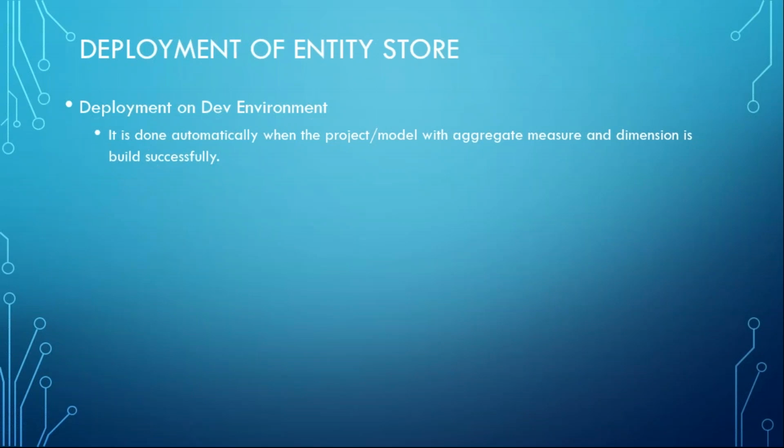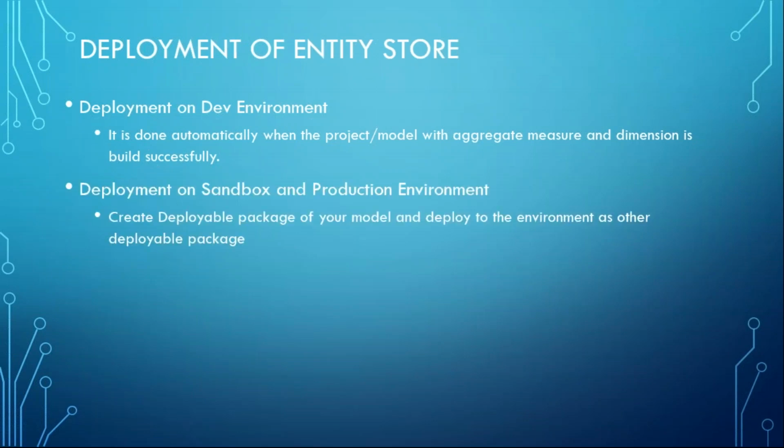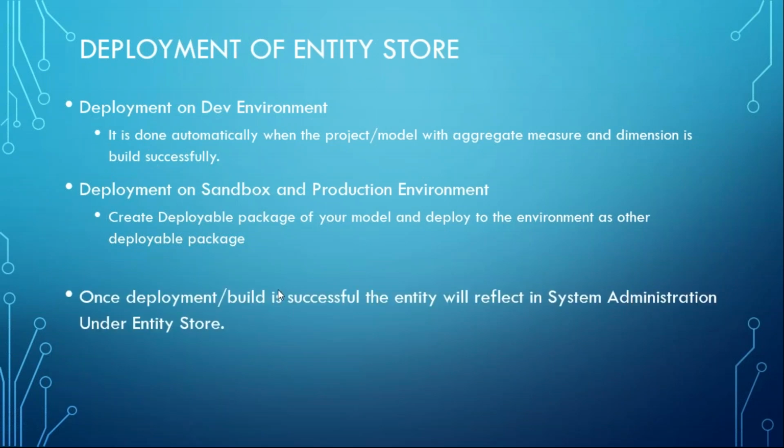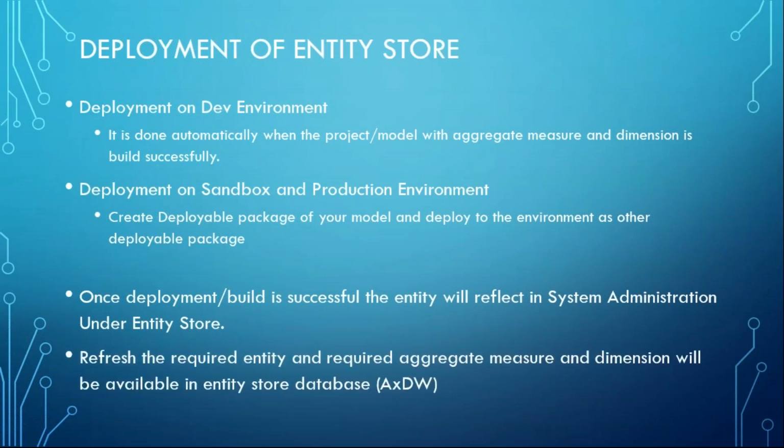For the sandbox or production environment, whether it be an on-premise version or cloud version, we create a deployable package from the development environment and deploy that package via LCS to the sandbox or production environment. It is a simple package deployment, like all other deployments on the sandbox and production environment.